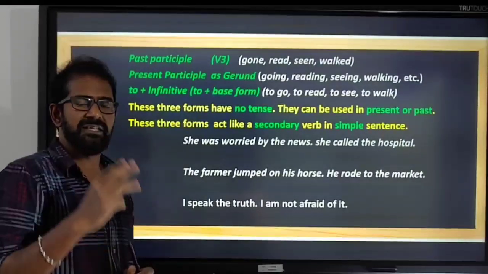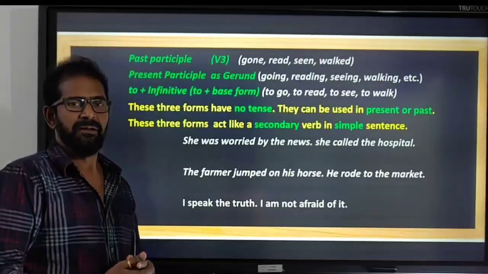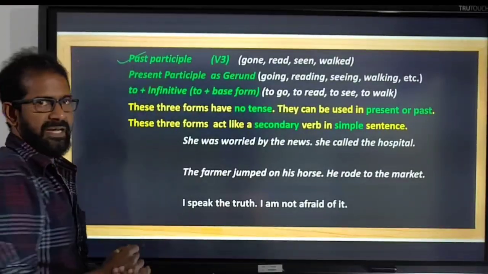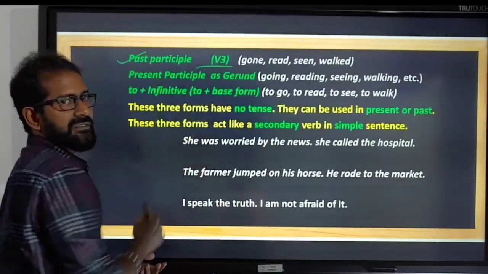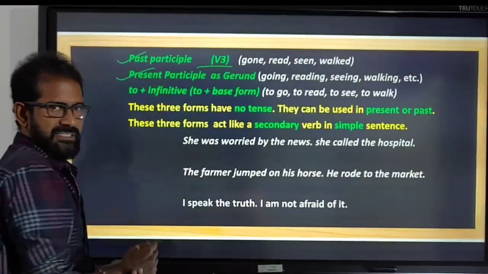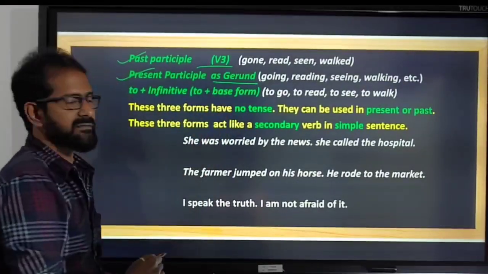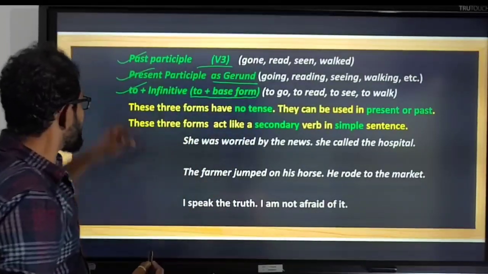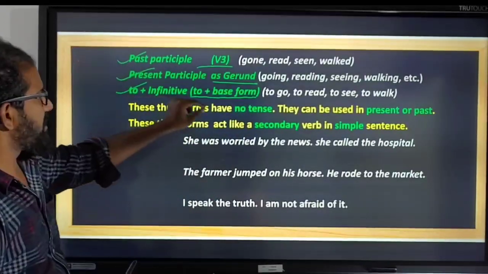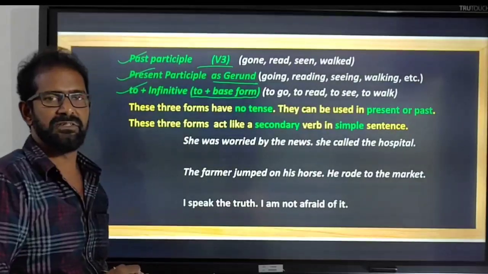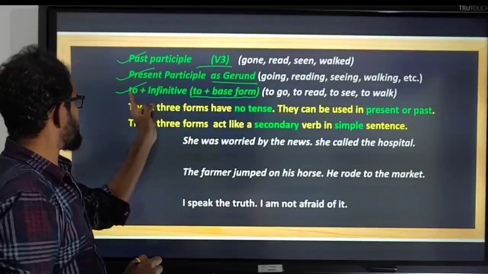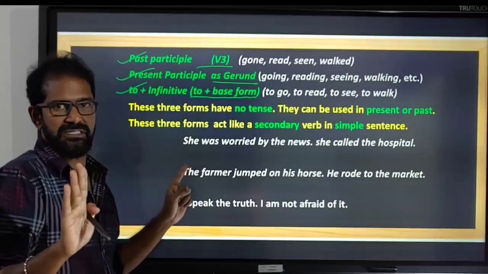Now, there are three other forms: past participle, V3; present participle as a gerund; and to infinitive, to plus base form. These three forms have no tense.